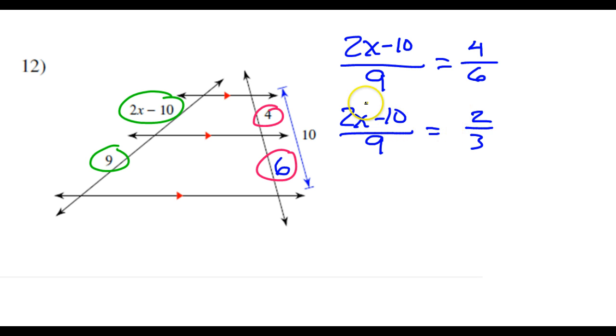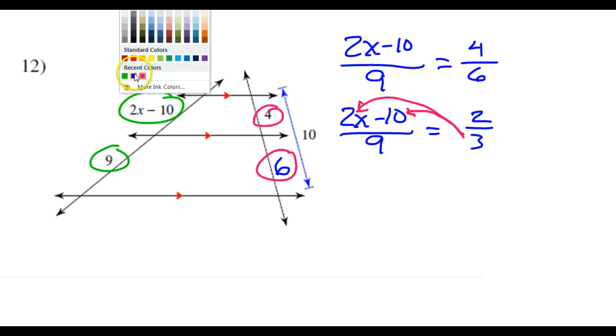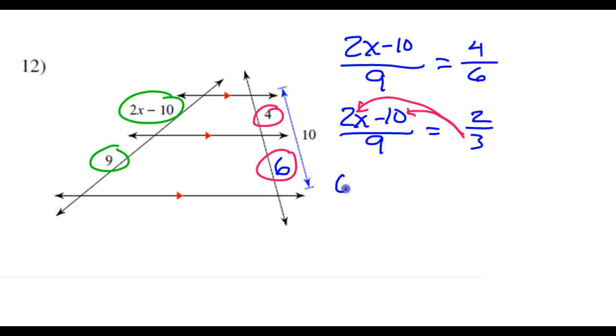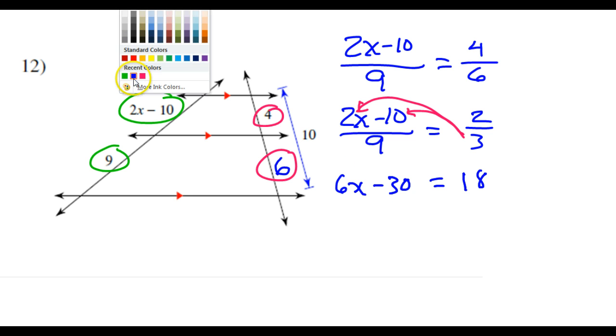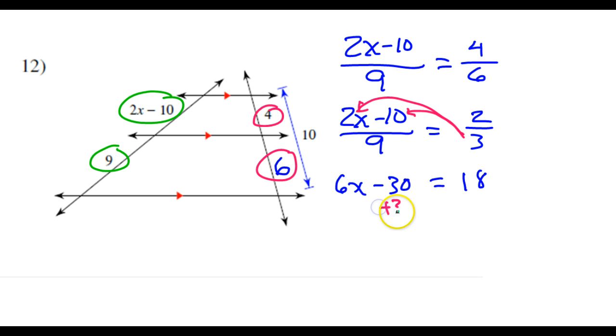As I cross multiply, don't forget that when I do the 3 times the 2x minus 10, I have to do the distributive property. So that's going to give me 6x minus 30. And then, of course, 2 times 9 is 18. Then we would add 30 to both sides. So that's 48.